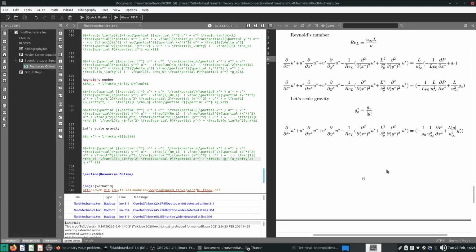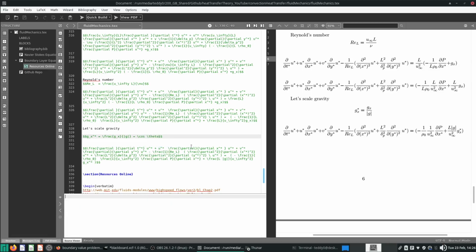because gx compared to G is basically a cosine of the angle between the x direction and gravity. So this gx star you can think of as a cosine theta, and cosine theta is on the order of magnitude of 1.